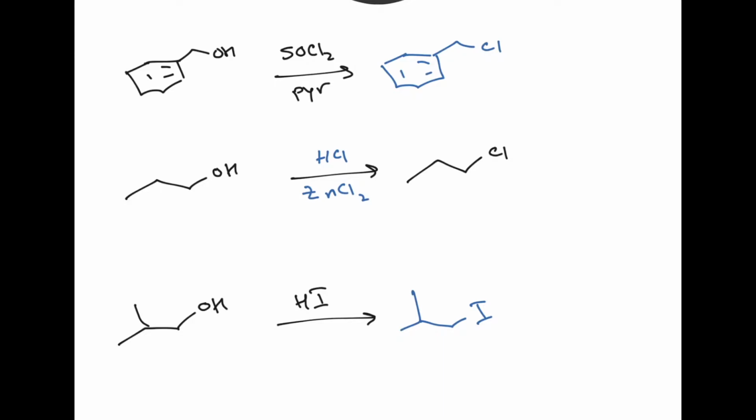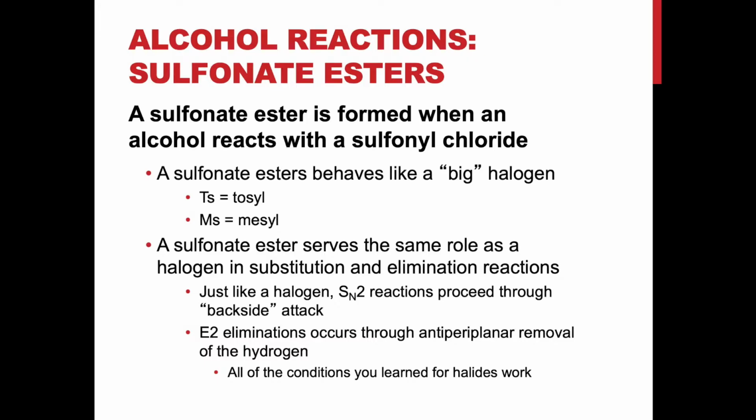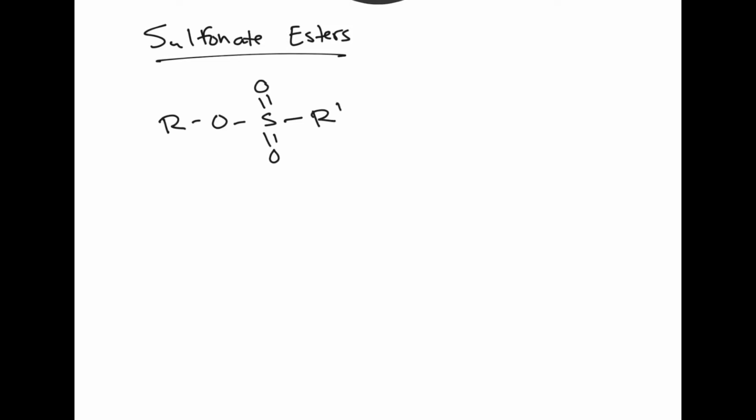Yeah, new stuff. Okay, so the next thing we're going to do is talk about sulfonate esters. Right, so a sulfonate ester is you've got some carbon chain R, O, and it's attached to a sulfur. And you have some different carbon chain on the sulfur.